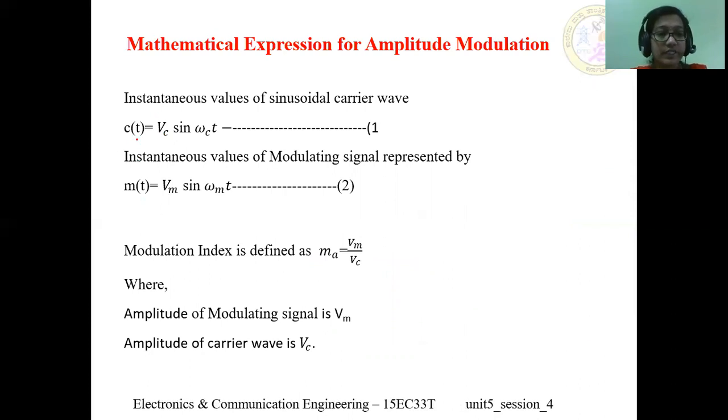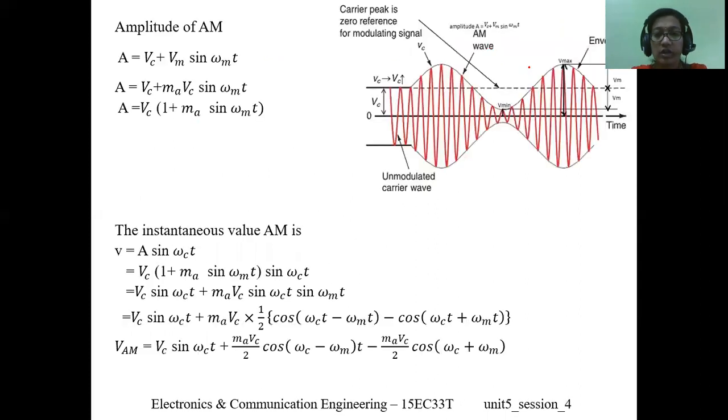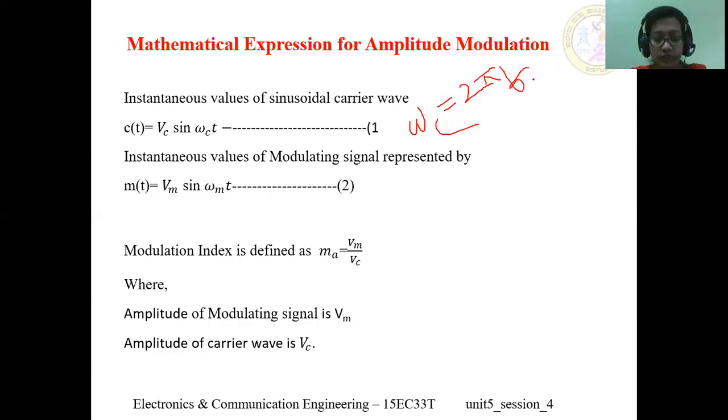Here, C of t is the instantaneous value of the sinusoidal carrier. We can represent it as Vc sin omega c t, because we are considering the sine wave, where omega c is the angular frequency of the carrier. Omega c we can represent as 2 pi fc, where fc is the carrier frequency.